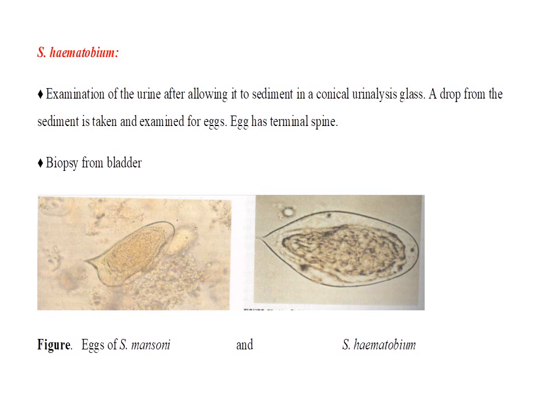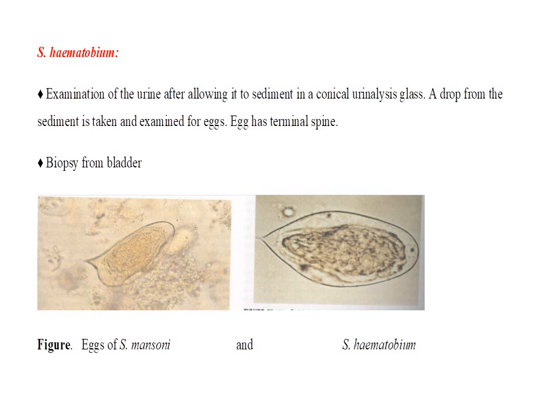The sample used for diagnosis of Schistosoma haematobium is a urine sample from the infected human. After allowing the urine to sediment in a conical glass, a drop from the sediment is taken and examined for the presence of eggs.